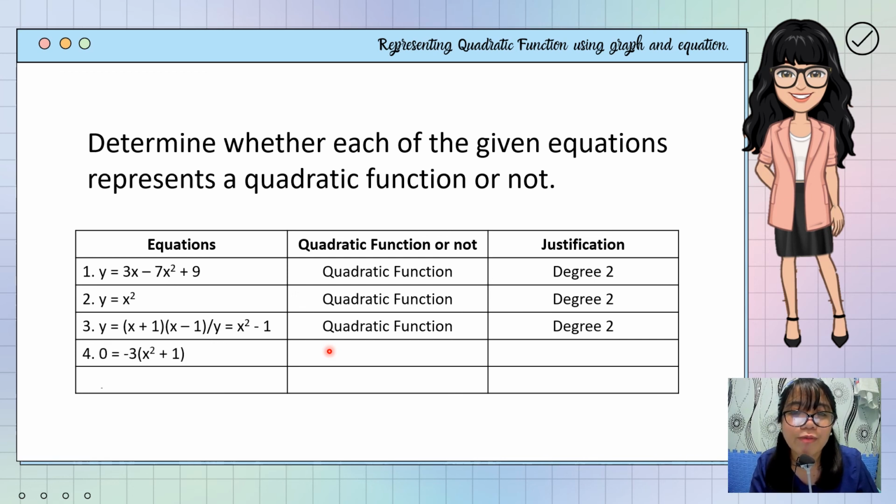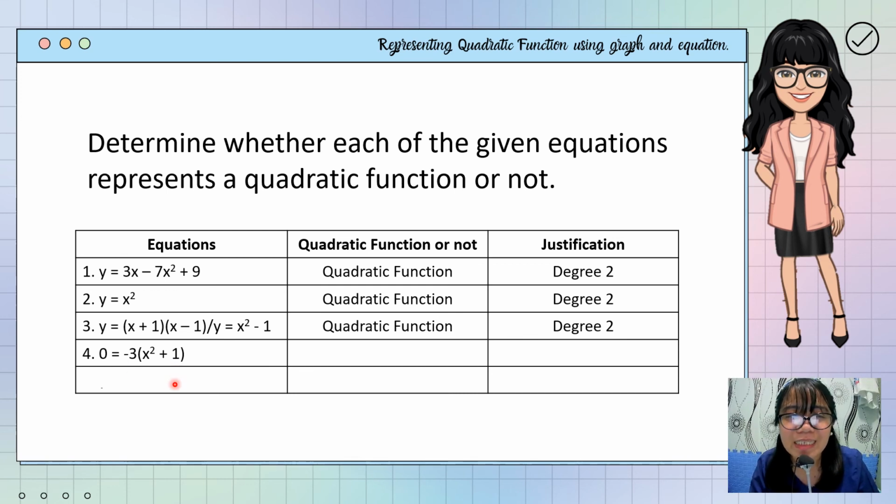And then we also have number 4. 0 is equal to negative 3 times the quantity x squared plus 1. So negative 3 times x squared, that is negative 3x squared. Negative 3 times 1 equals negative 3.